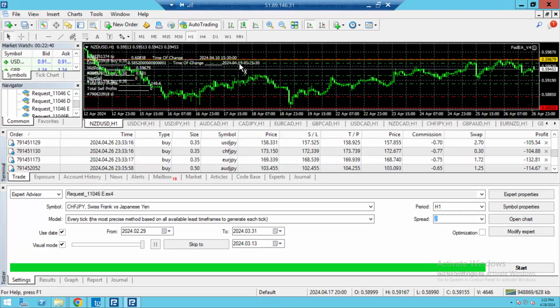So it shows that the high price came first before the low price. The low price was achieved around this period, so the market came down all the way, and you can see the market trying to go back up again.